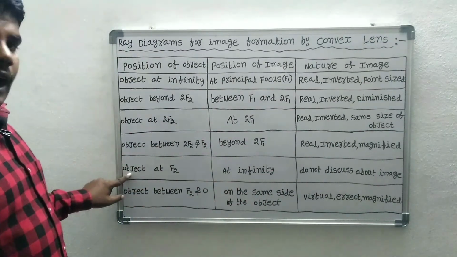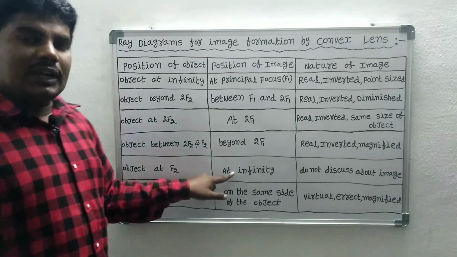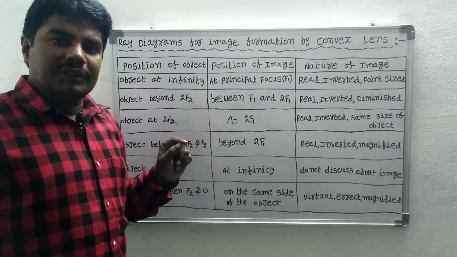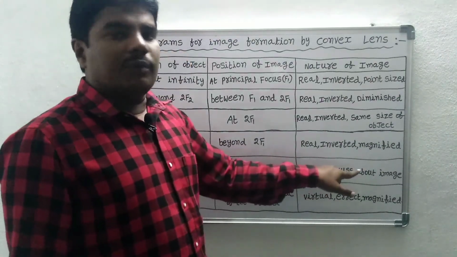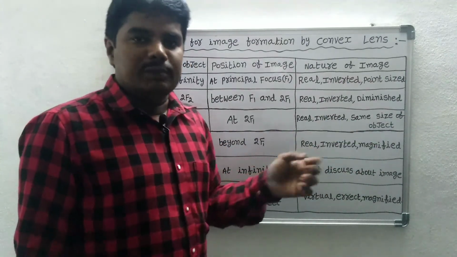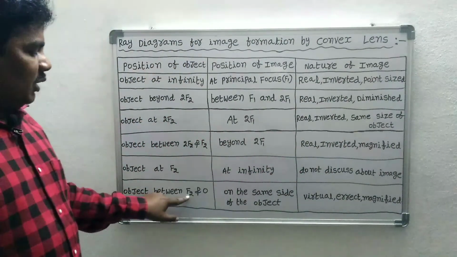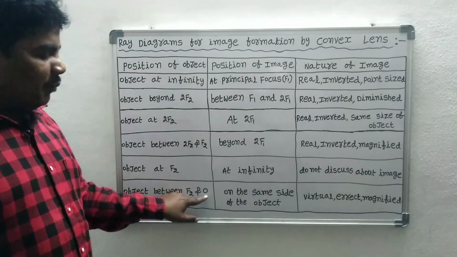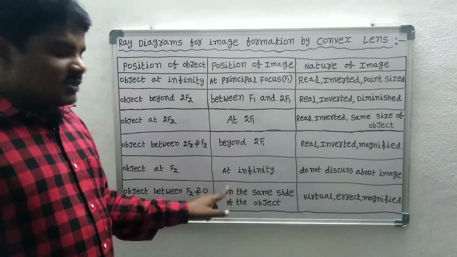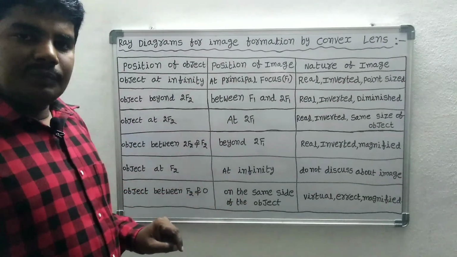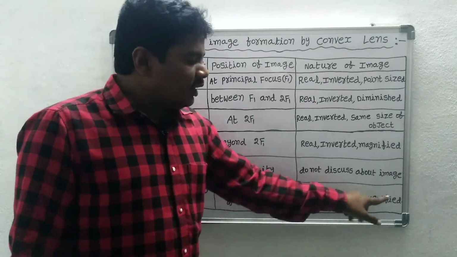Fifth one, object at principal focus, F2. We get the image at infinity. For that image, we do not discuss the nature of the image. Last one, object between principal focus and optic center. We get the image on the same side of the object. That image is virtual, erect and magnified.